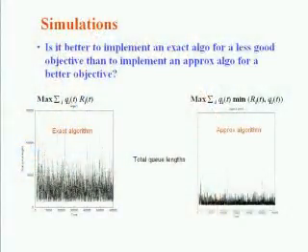And there are other ways to get a half approximation. Here's another example. Instead of processing carriers one by one in a greedy manner, one can process users one by one in a greedy manner. At every time step, we find a subset of carriers to assign to user i so that this objective function is maximized.